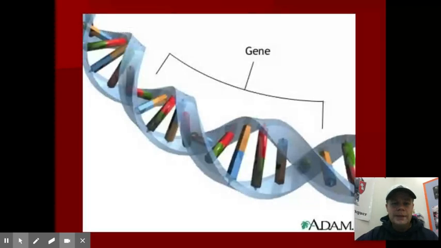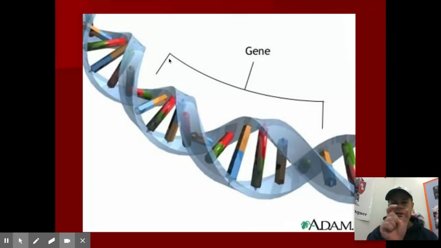Well, one little piece, one tiny little section of that DNA strand is called a gene. And those genes could be short, they could be longer, it just depends. Every gene can be different. You can have really short ones, really long ones, etc. And they all line up together, and that makes your DNA strand. So maybe this gene right here is the gene for your hair color.